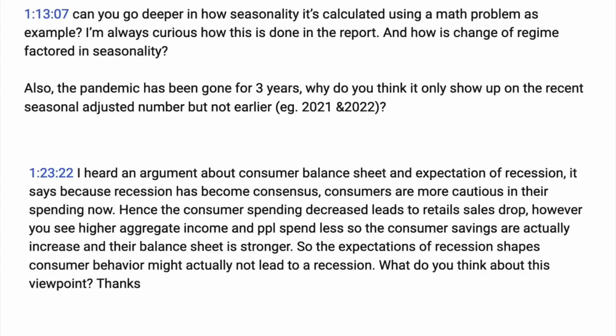Can you go deeper into how seasonality is calculated using a math problem as an example? I can show you a model of it, but not a math problem. How you would do it is a time series task, right?